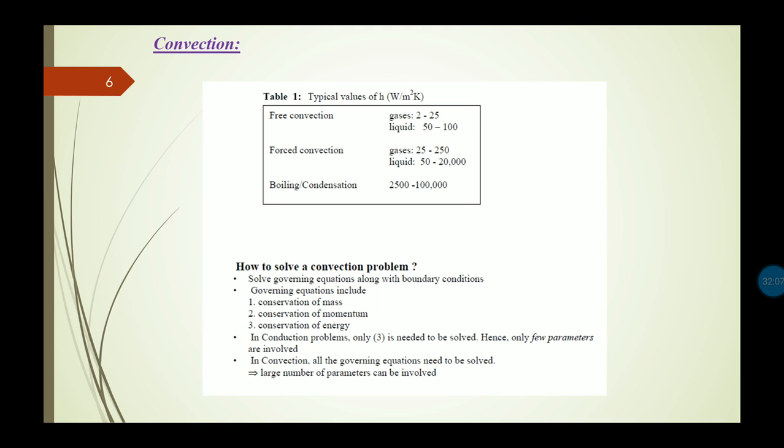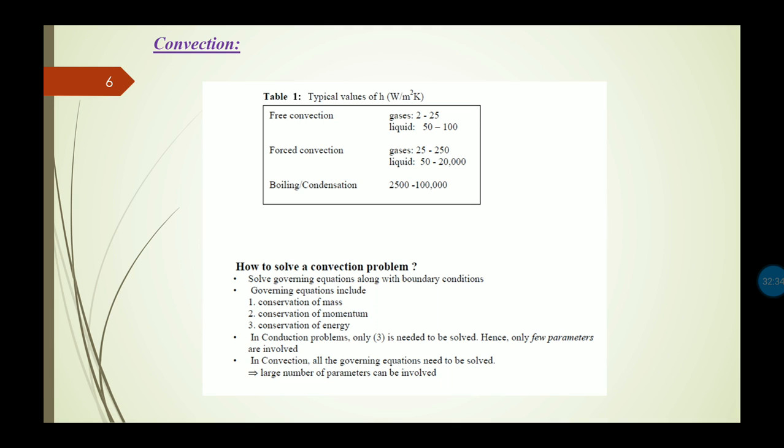In case of forced convection, for gases the value of h lies within 25 to 250, and for liquids it is 50 to 20,000. And in case of boiling or condensation, the value of the convective heat transfer coefficient lies within 2500 to 1 lakh.